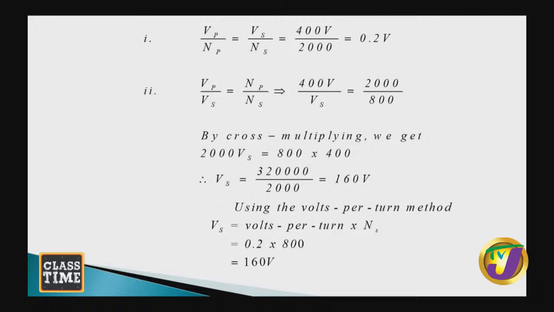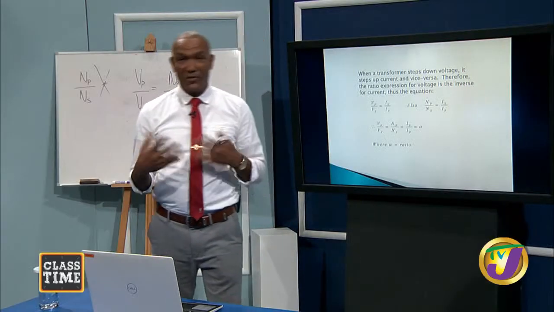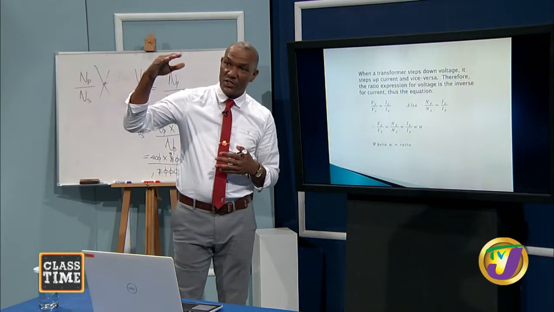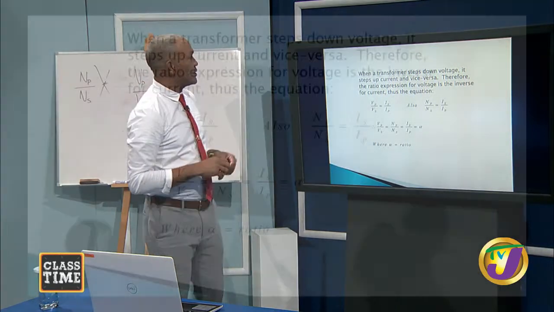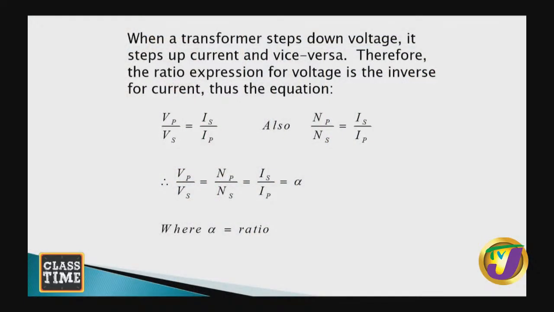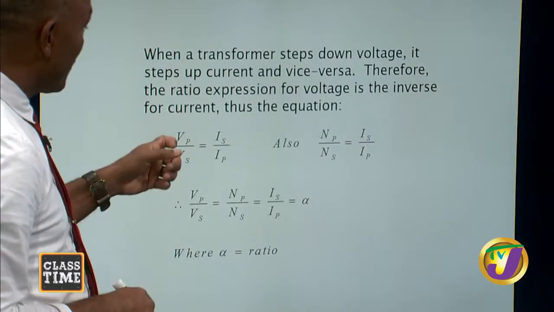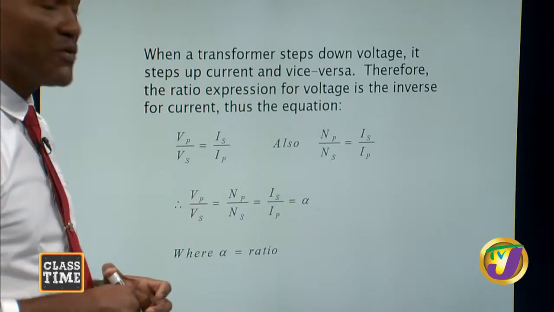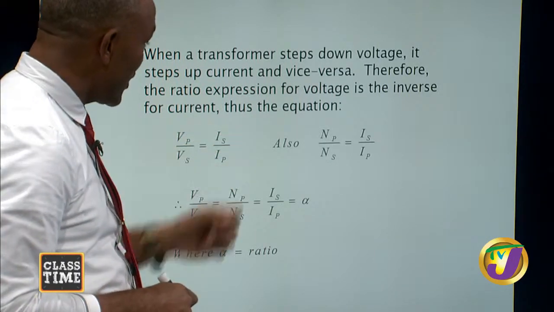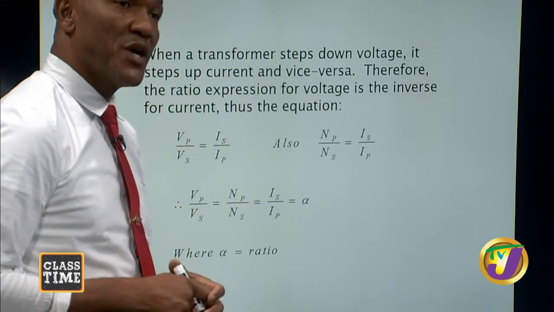When a transformer steps down voltage, it steps up current. And vice versa, meaning if it steps up voltage, it steps down current. Therefore, the ratio expression for voltage is the inverse for current. And you will get this equation. Vp over Vs, which is voltage on the primary divided by the voltage on the secondary, is equal to the current in the secondary divided by the current in your primary.